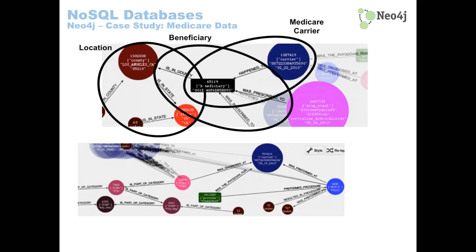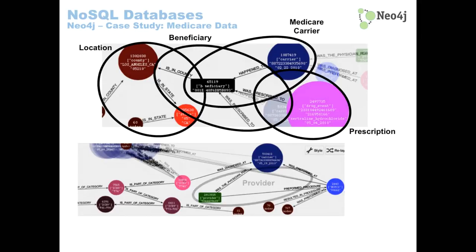Over here, there's information about who this individual's Medicare carrier was, and here's an example of a prescription for that individual. So we could pull up essentially their whole medical history and all of the different drugs that had been prescribed to that individual.